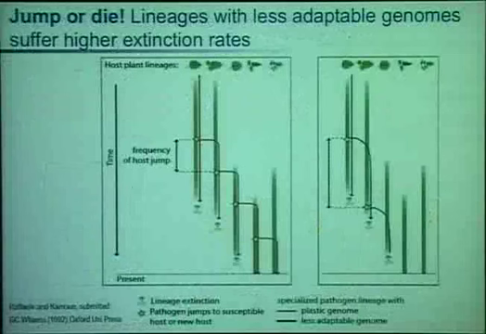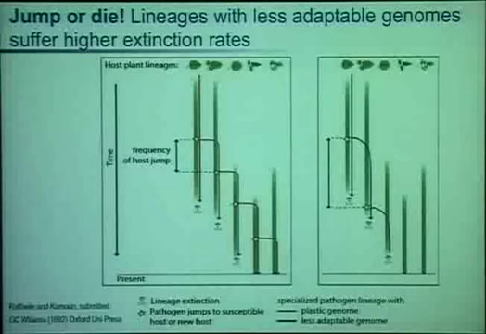So our favorite model at the moment is really taking ideas from the clade selection concepts. And this is a fantastic book by G.C. Williams on that topic. And what we think is that the strains, the lineages that have the ability to jump hosts more frequently or adapt to new hosts more frequently are going to persist over macroevolutionary periods.